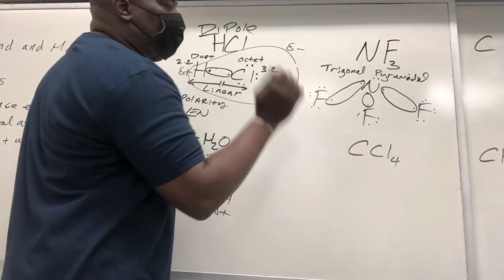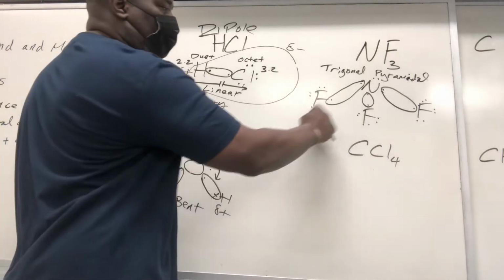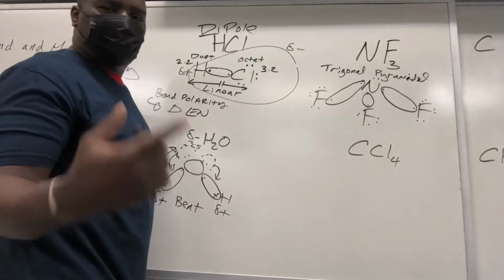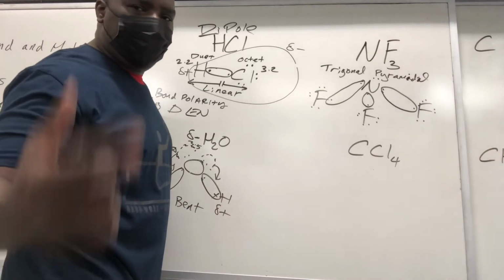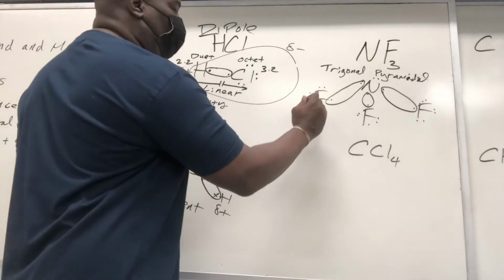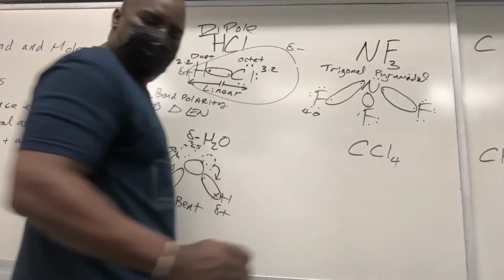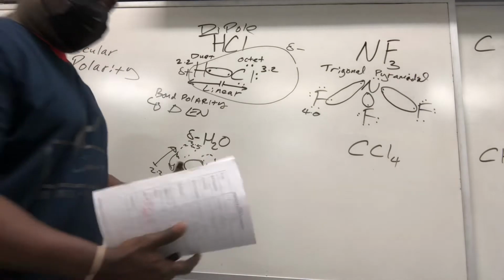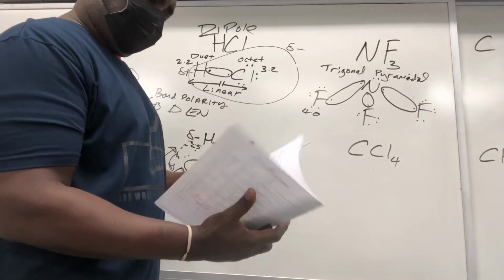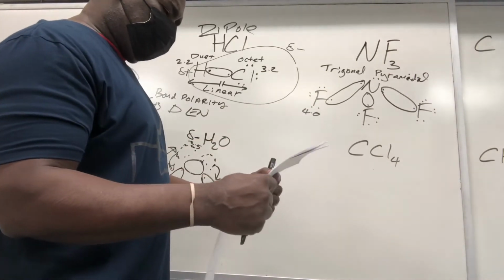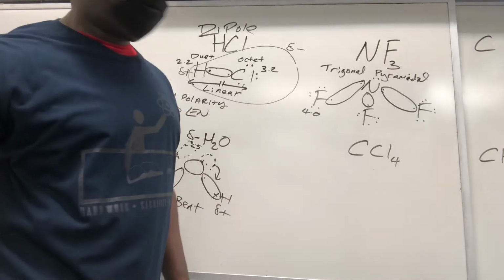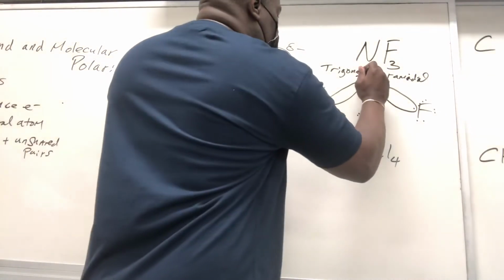But who's going to win the tug of war, people, between the N and the F? Now, fluorine just so happens to be the most electronegative guy on the periodic table. He's 4.0, right? On your reference table, Table S. Okay. And nitrogen, I got to take a peek. I'm guessing around 3.0. Nitrogen is 3.0. Yep, still got it. Bam.